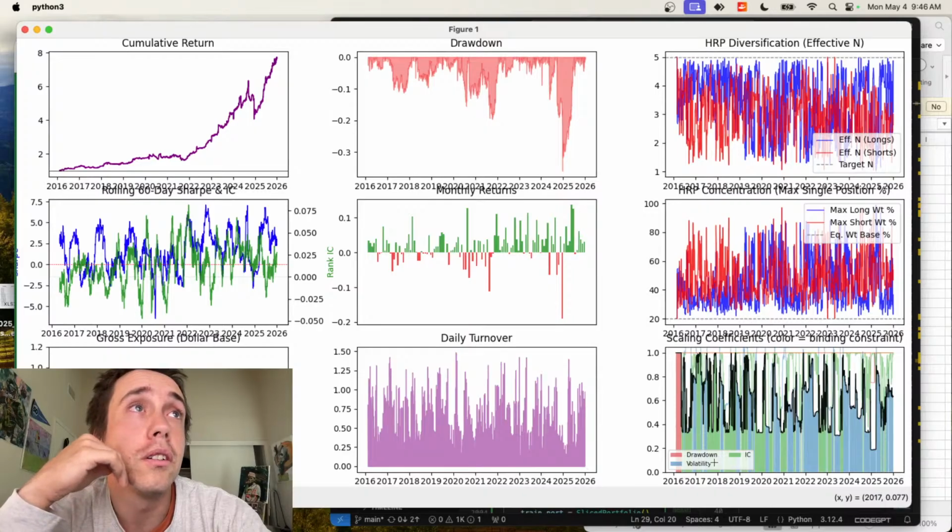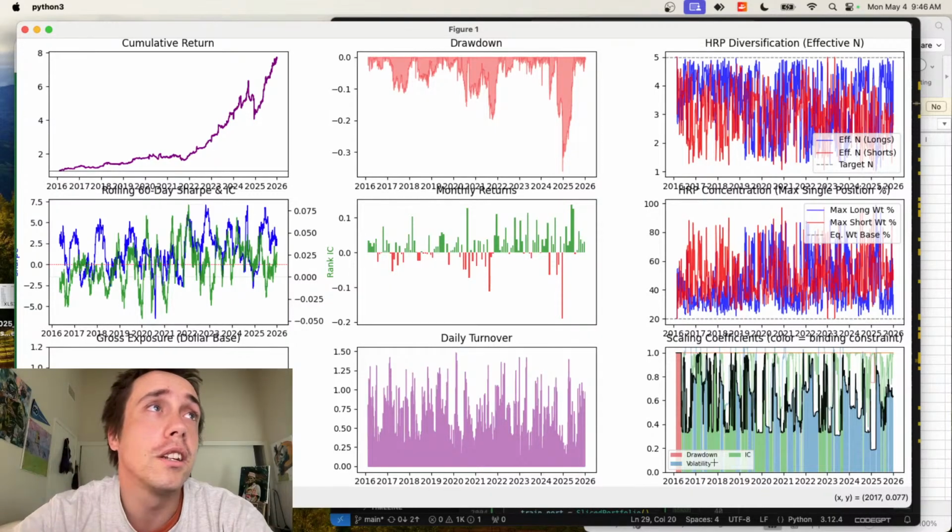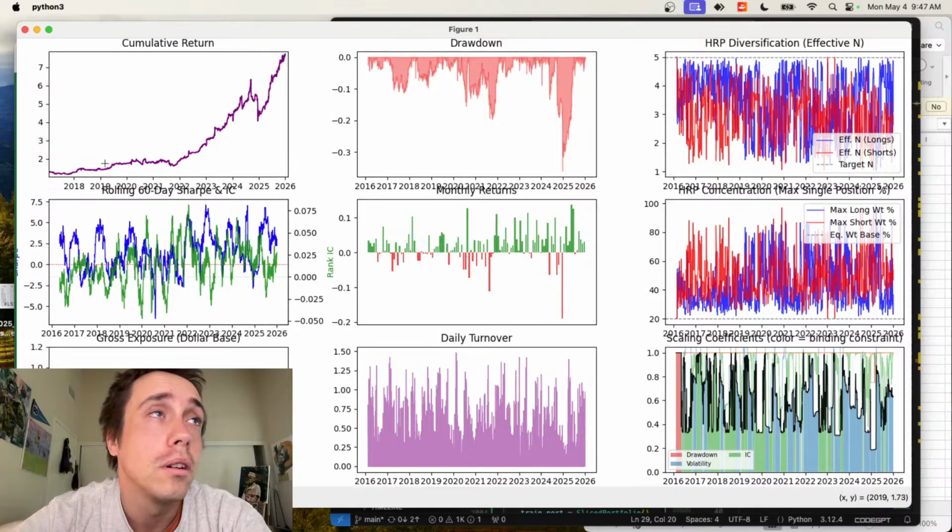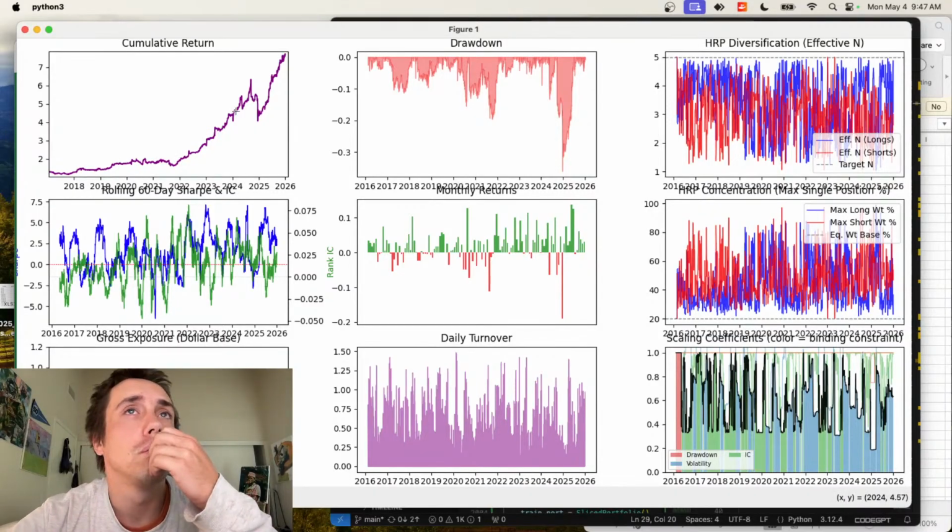And I solved the problem of a huge drop during COVID. I kind of pushed the drop a little bit later, but again, this is trained only on 2016. So the training stops here, and this is after the training period. So really good.